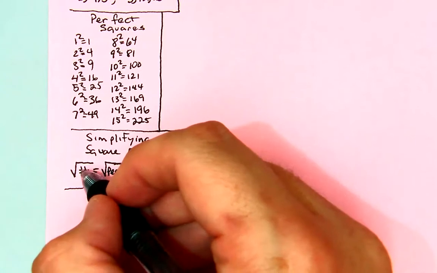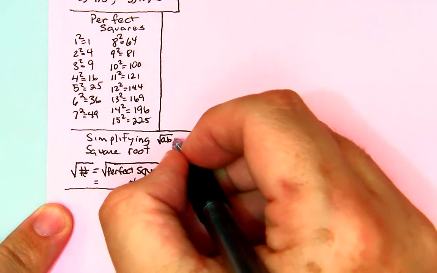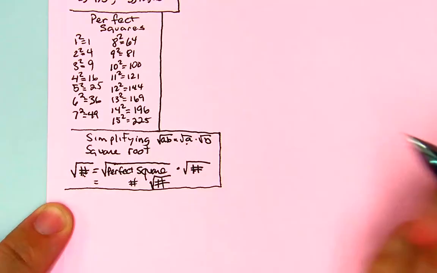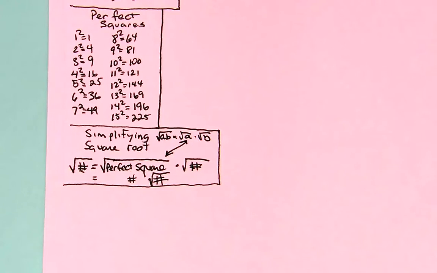And if you don't like that, you could just say that the square root of AB is equal to the square root of A times the square root of B, where A is your perfect square. Right there. So you have that going.